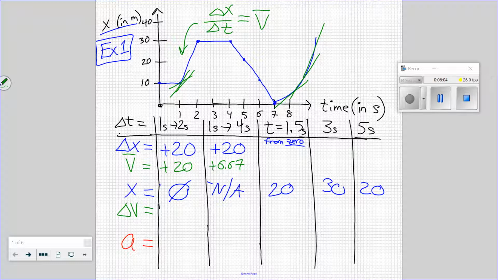So again, this whole row, we have NAs, or non-existence. I can't tell you the change in velocity from this graph. I could maybe estimate it on that curve part. So you can't use every graph to answer every question.